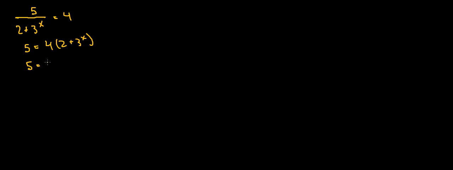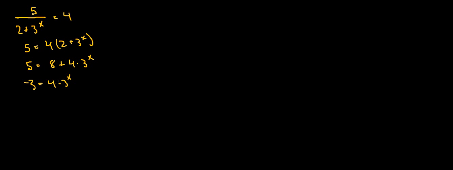And this is equal to 8 plus 4 times 3 to the x. And now I go about simplifying this. So I have a constant of 8, I subtract that. Minus 3 is equal to 4 times 3 to the x.